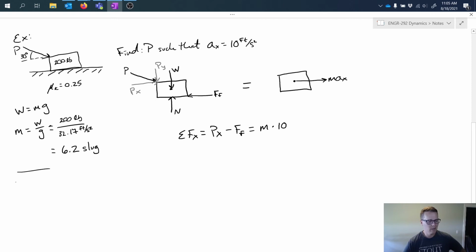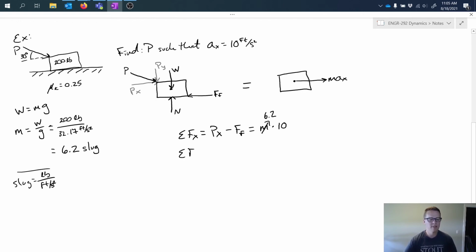Noting, again, that a slug is a pound foot per second squared. Kind of an ugly unit. All right, so with that, I can take that 6.2 and I would sub that in over here.